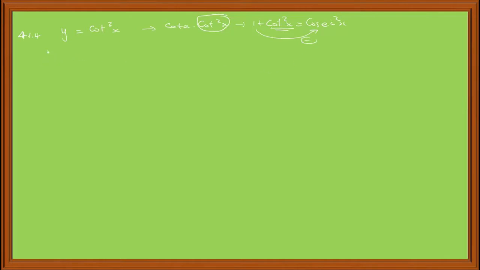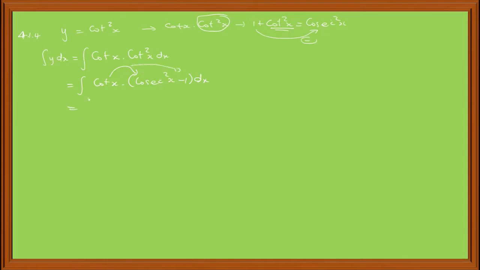So here I'm going to say integral of y dx is the same as integral of cot x multiplied by cot squared x dx. So integral of cot x into cosec squared x minus 1 dx. Multiply each term by each.